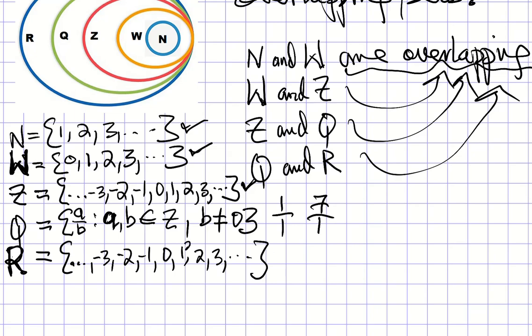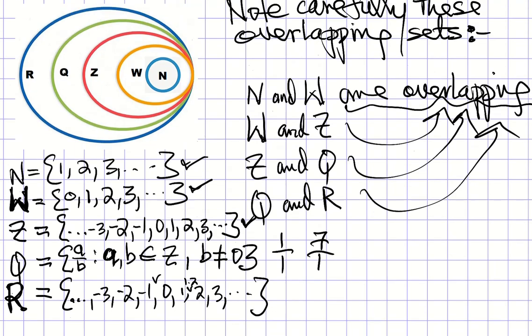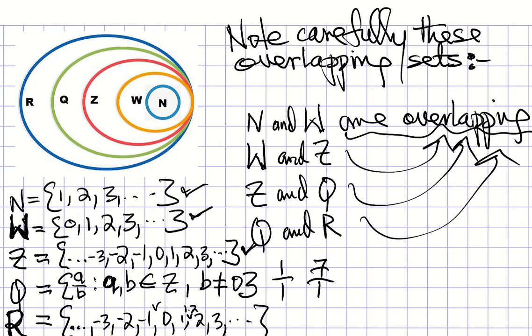Over here is 1.5, which is a fraction, and right here you find other fractions like -0.5. So set R contains everything above. That's why I drew those 5 concentric circles. See how they contain each other.